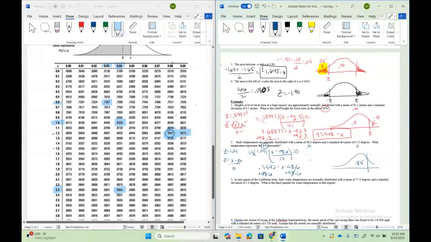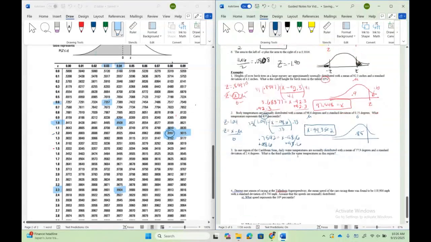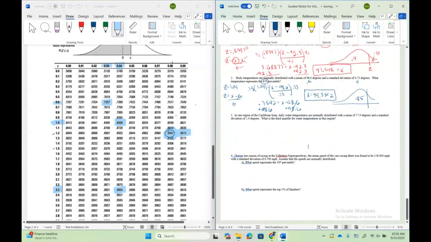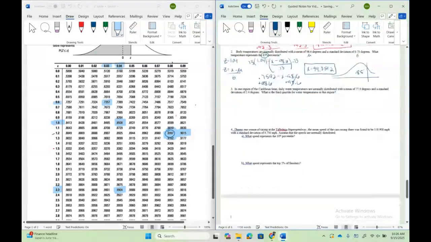That will leave us with 99.3592 as my answer, with a bunch of decimals. All right, for the next question.